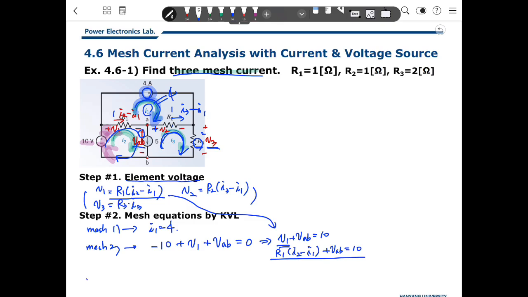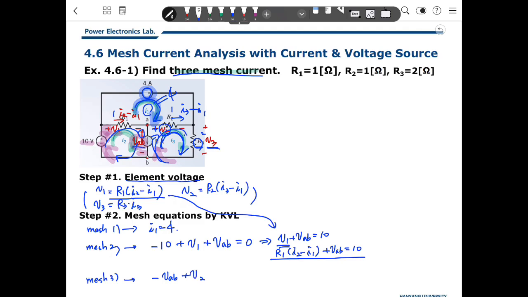Then we do the same thing in mesh 3. We start here. We meet VAB first, but at its minus side, so we write minus VAB. Then we meet V2, so there will be V2 here.